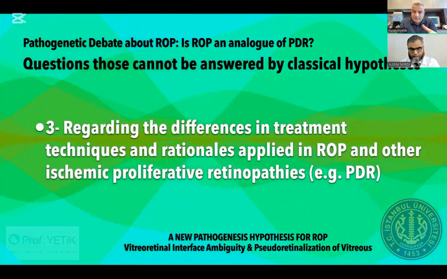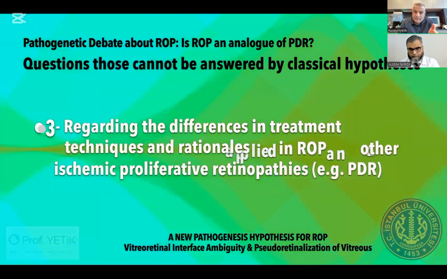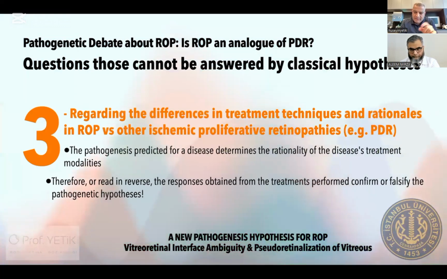And also regarding differences in the treatment techniques, the rationale between the treatment modalities for PDR and ROP are also different. We do have a short time, I think. You know, the treatment modalities, the surgical techniques: if you perform the surgical technique of ROP, cut the membranes and leave the retina detached, and perform this technique for diabetic retinopathy, you will lose the eye in days, you know.